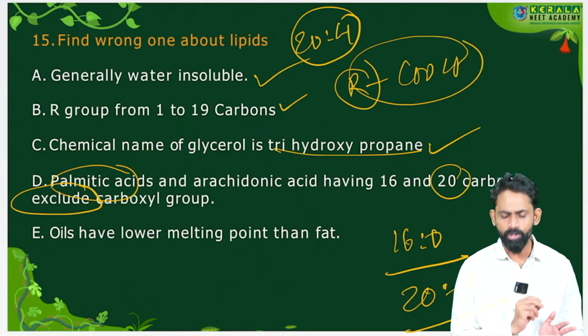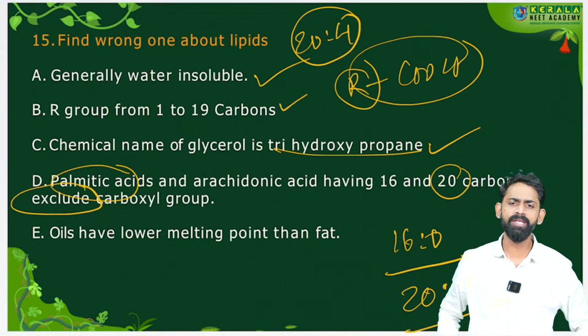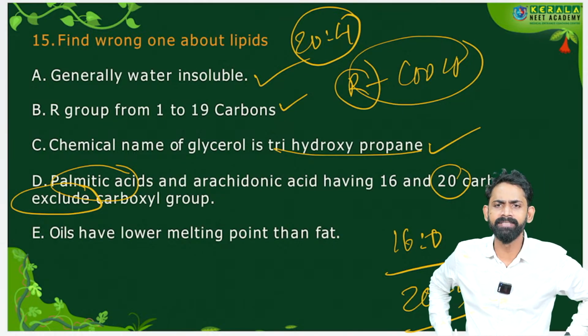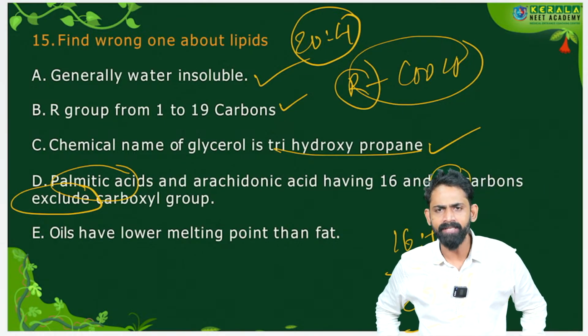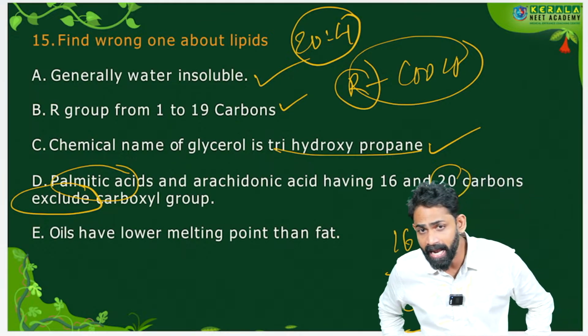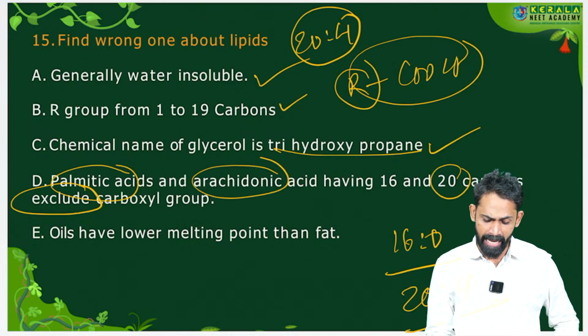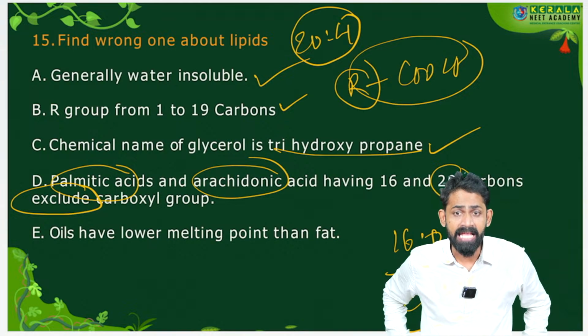Intentionally I made it excluding the carboxyl group because you may skip. That is why you need to remember only two fatty acids: palmitic acid, 16 carbons, and arachidonic acid, 20 carbon atoms, including the carboxyl carbon. What is the importance of mentioning arachidonic acid?